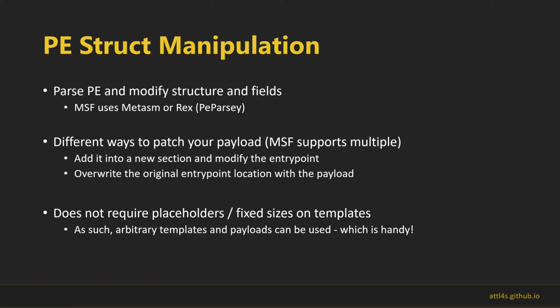Depending on the settings you choose, Metasploit is going to create a new section for the PE and modify the entry point to point into the new section, or maybe it overwrites the original entry point of the PE with the payload, so when you execute the file, it executes the payload directly, of course breaking the other functionality.